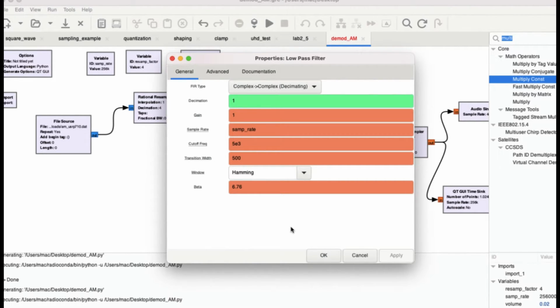The transition bandwidth is actually the design of your filter. The narrower your transition width, the sharper your filter is. So the cutoff frequency is about 5 kilohertz, and the transition width is about 500.